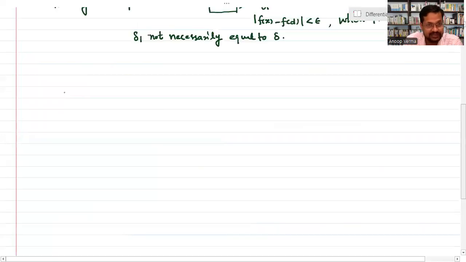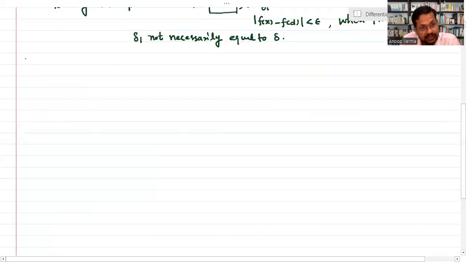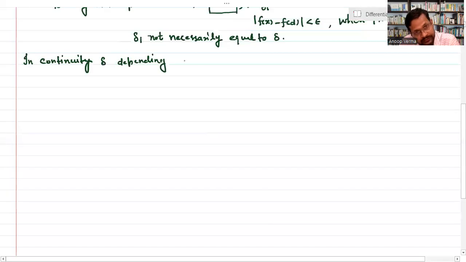In continuity, delta depends on epsilon and the point c.